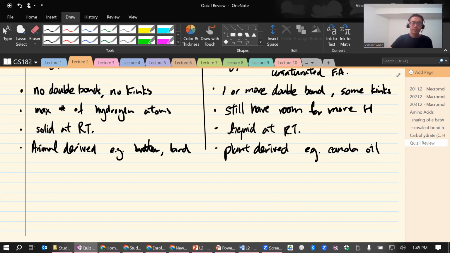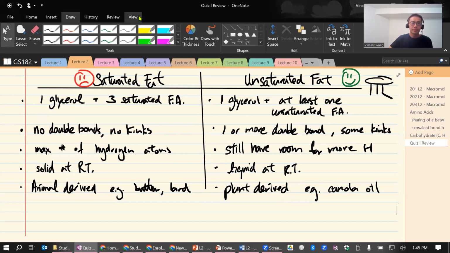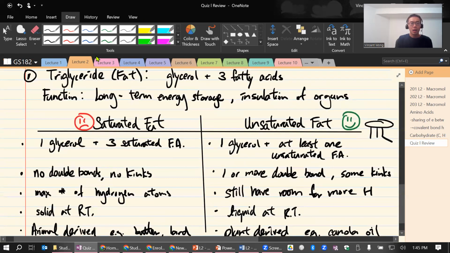Okay. And we talked about how we can convert from unsaturated to saturated using hydrogenation. Right? You force them to take in more hydrogen and they become spreadable. That's like margarine, shortening.